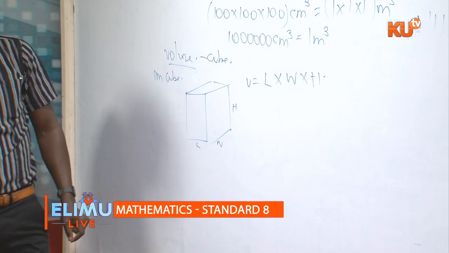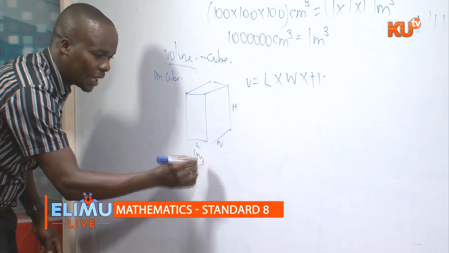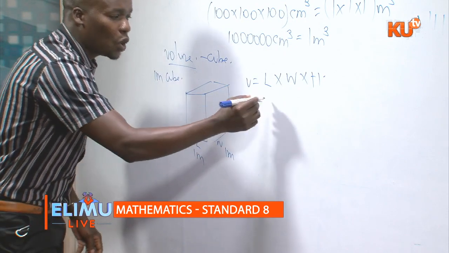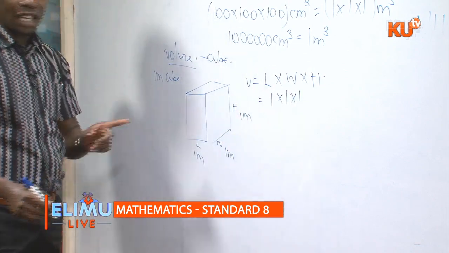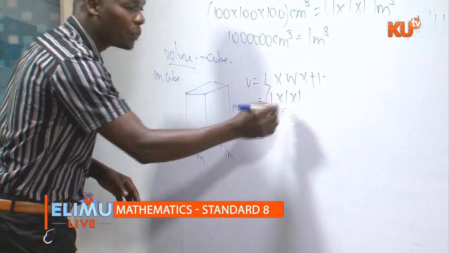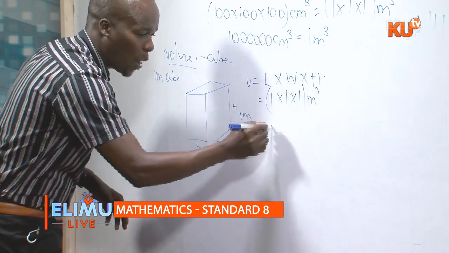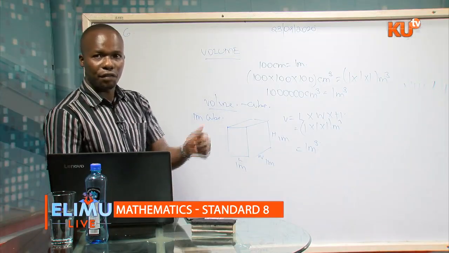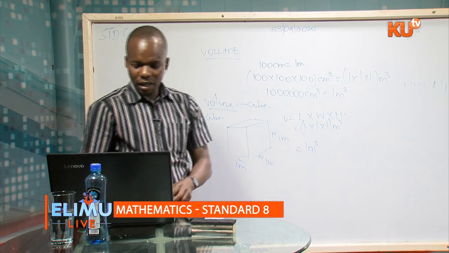For our case, we'll have 1 meter, 1 meter, and 1 meter, so it will be 1 times 1 times 1, and its volume will be 1 cubic meter.